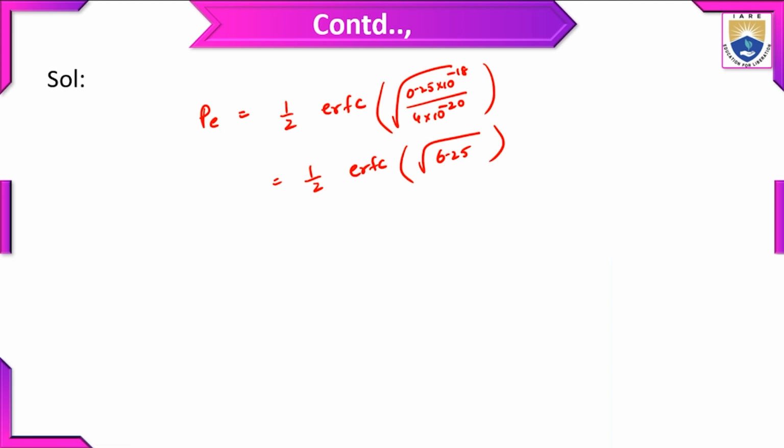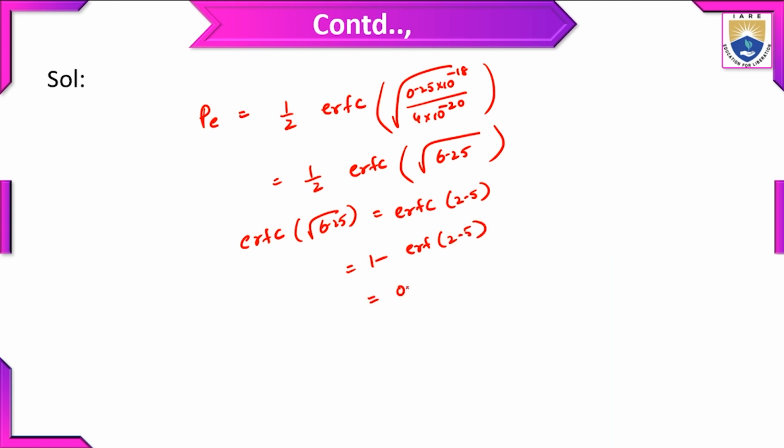So here also you are using error complementary function tables. Here using the table of error functions, ERFC of square root of 6.25 is equal to ERFC of 2.5, and is equal to 1 minus ERF of 2.5.